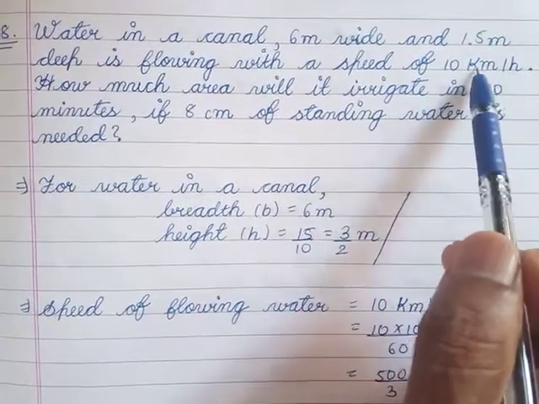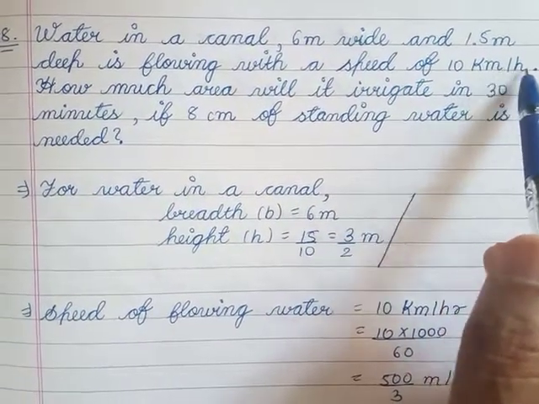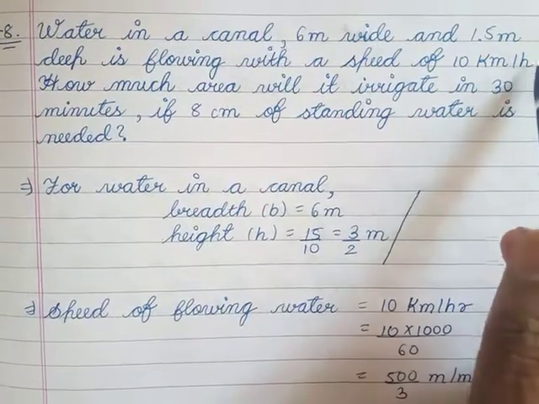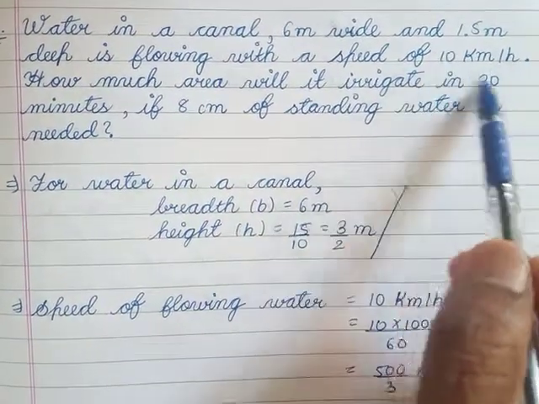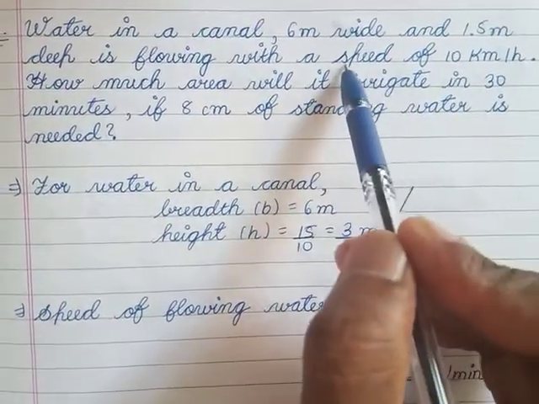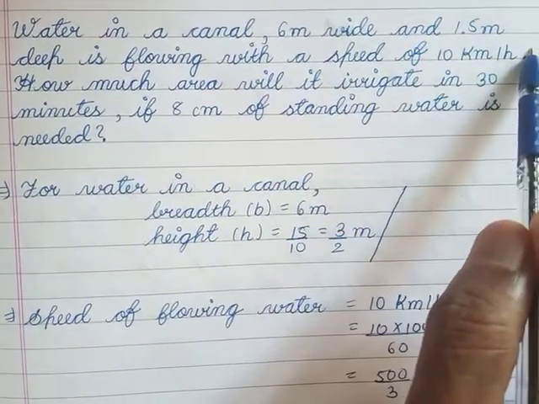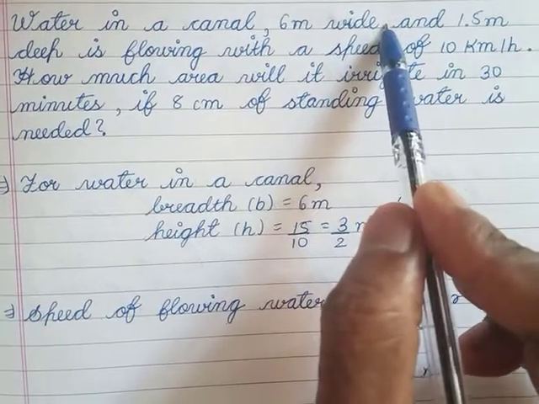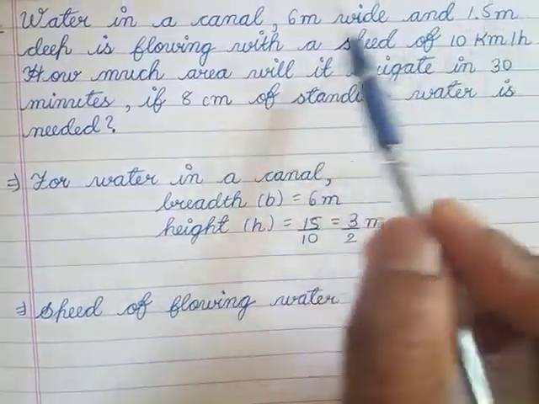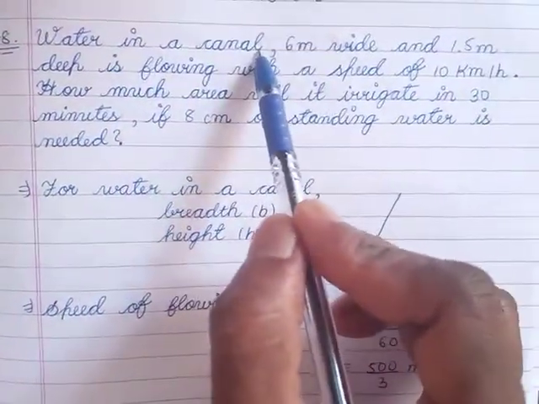If you convert this kilometer into meter, and hour into minutes, since 30 minutes is given, and multiply with the minutes, it will be converted into meters. Then you will get the length, and then we can find the volume of flowing water, which is the volume of a cuboid.